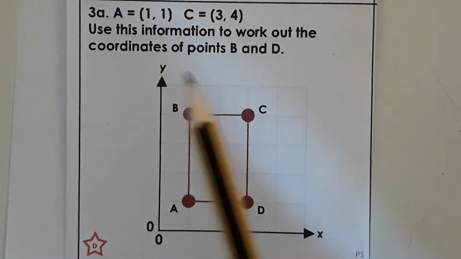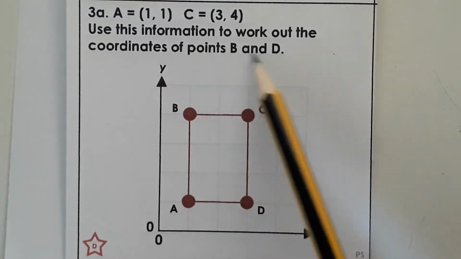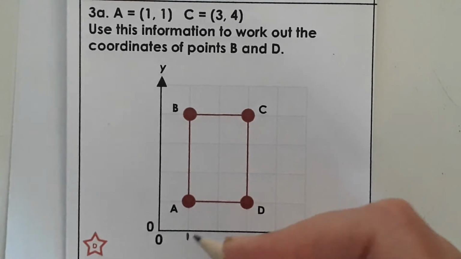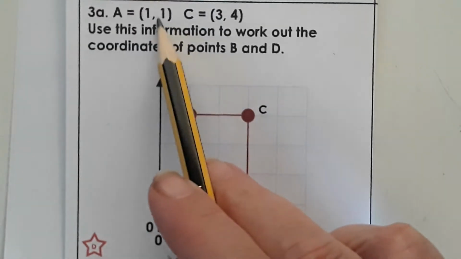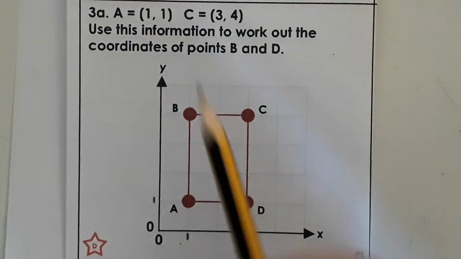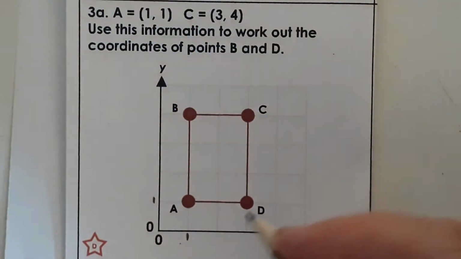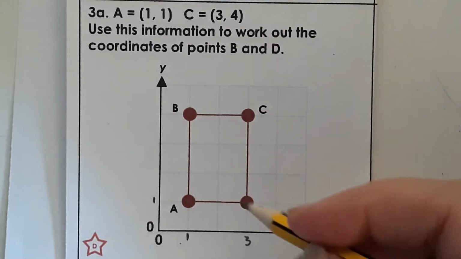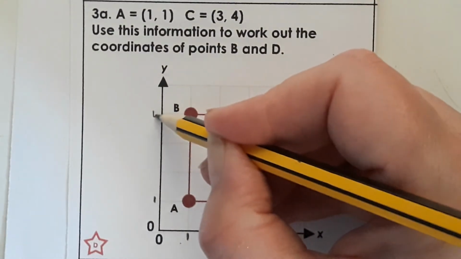So it wants to know, use this information to work out the coordinates of points B and D. Well, we know that that value must be 1 and that value must be 1 because we're given the coordinate of A there. I'm now going to say what I know for C. So I know I come along the x-axis 3 and up on the y-axis 4.